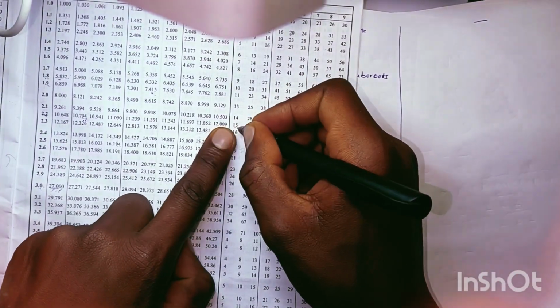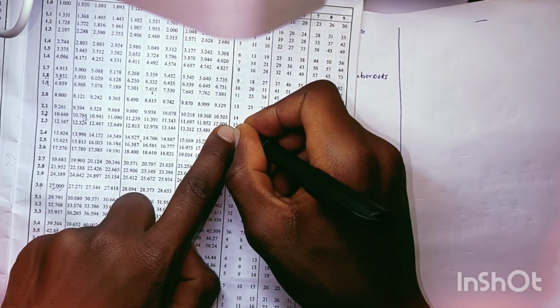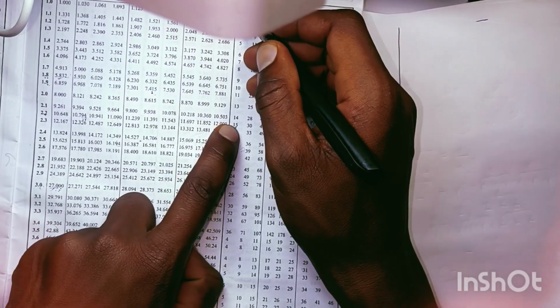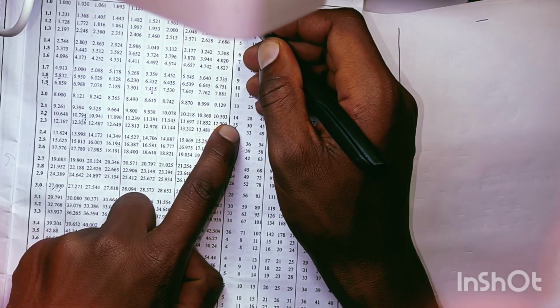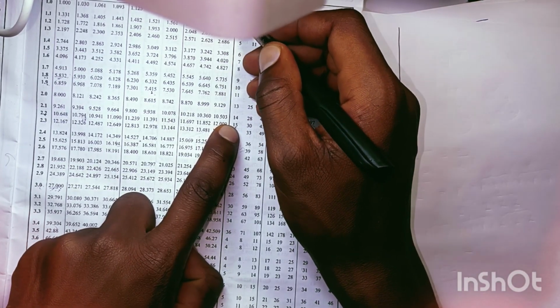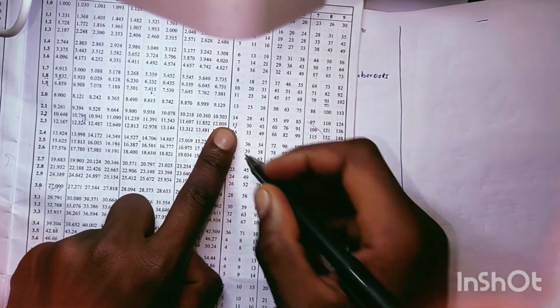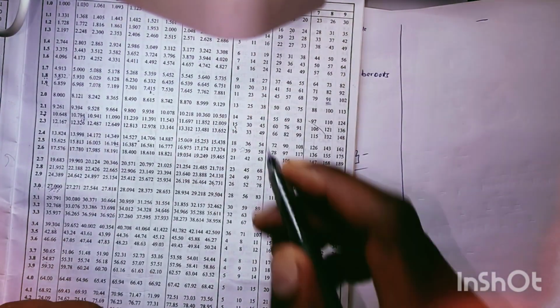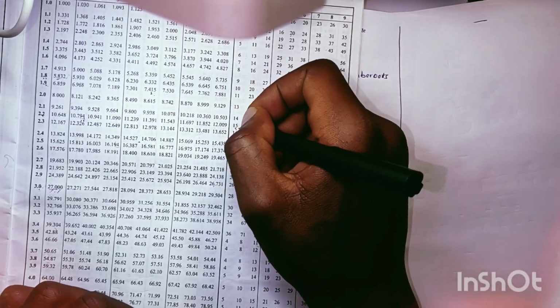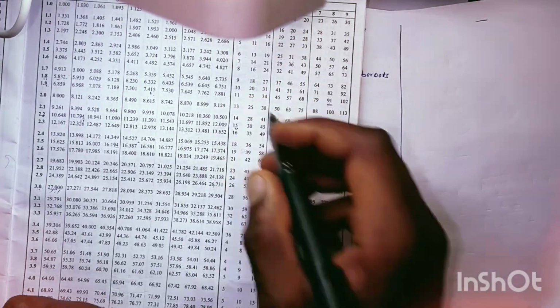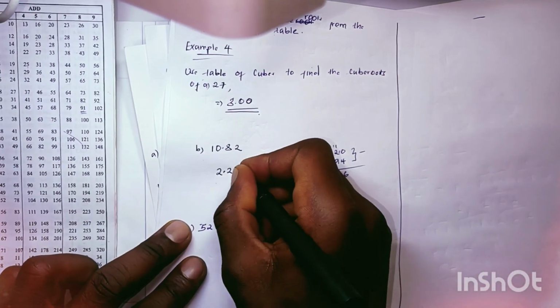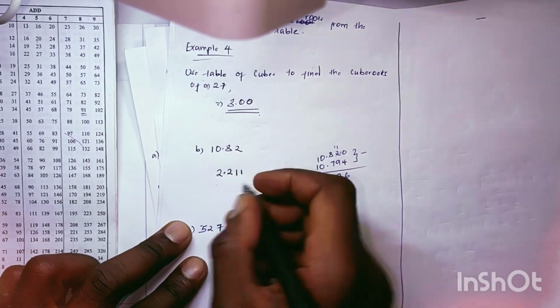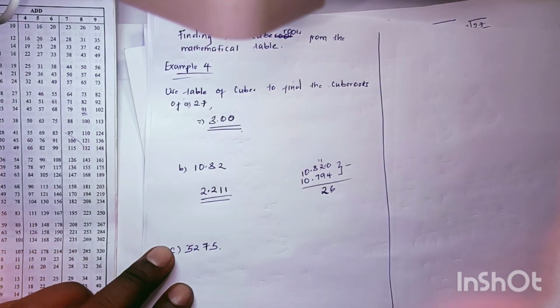Then after noting that it is 15 that is close to 26, I'll find which top is coinciding with this 15. It is just 1. When I go to the top there, I notice that 1 is the one coinciding with this 15. So I just write 1 here. This is the answer.